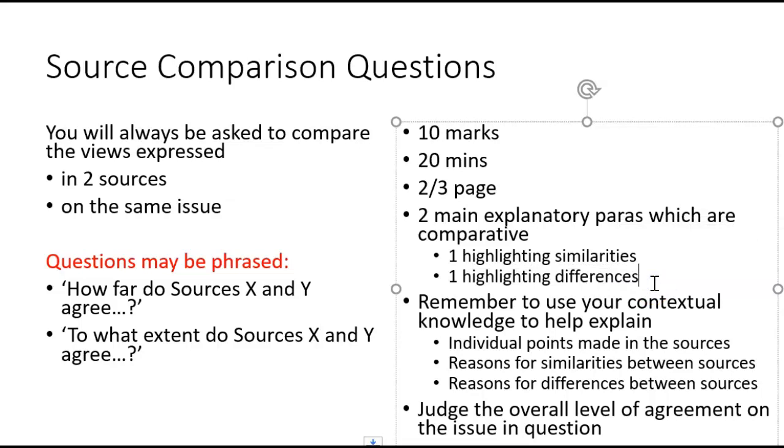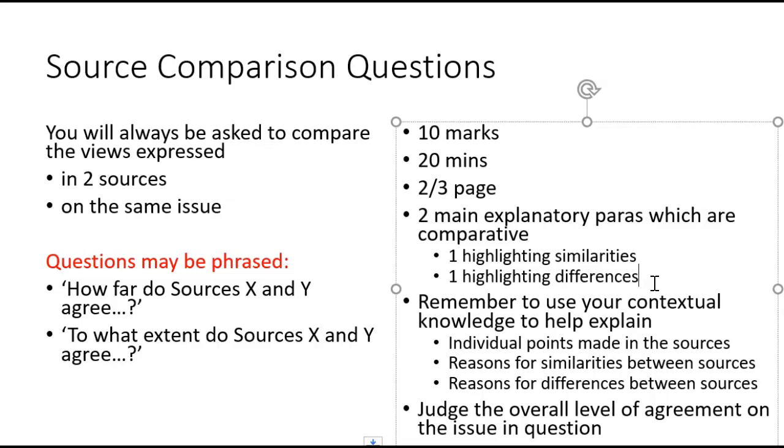And then at the end of that, you'll need to make an evaluation as to the extent to which those sources disagree or are in agreement. To help you make that decision, you need to think about the contextual background information of the source. So why is it that maybe the sources are agreeing or disagreeing? And then come to an overall judgment to decide on your comparison.